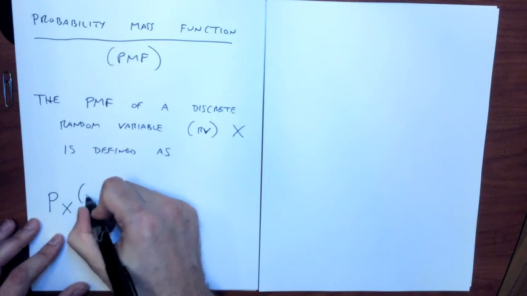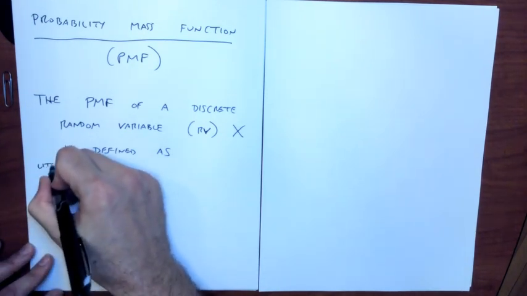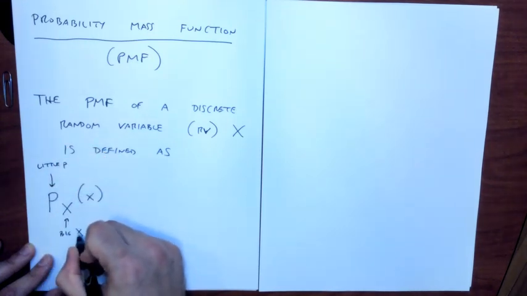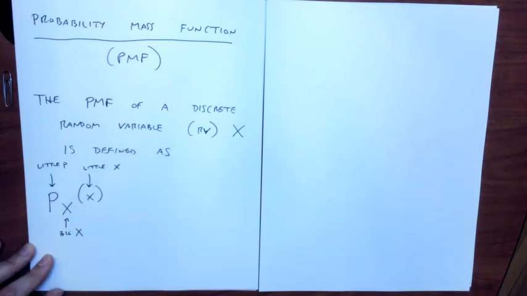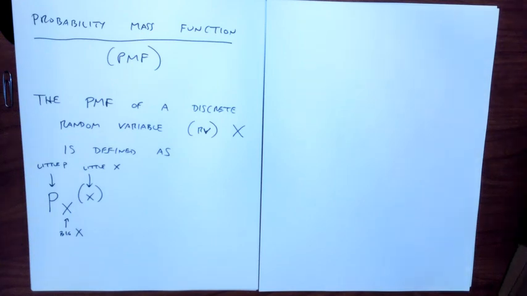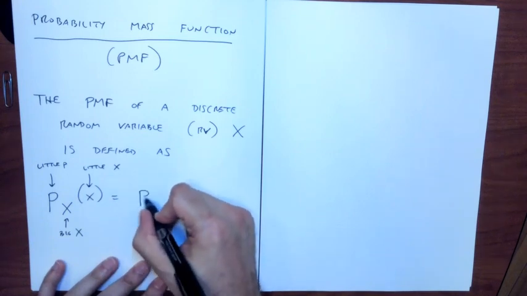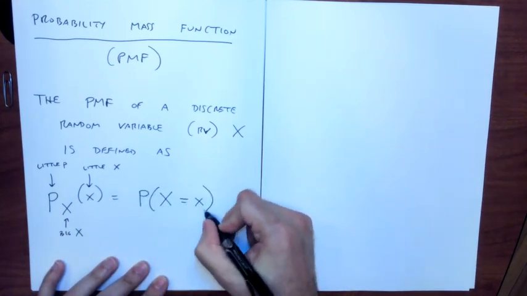This is kind of hard to tell when it's not typeset. It doesn't help that capital P's and little p's and capital X's and little x's both look the same, but that's why I provide this helpful guide, right? This is just saying the probability that the random variable has this numerical value.